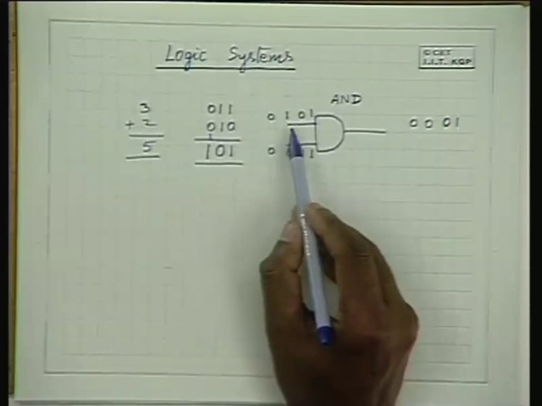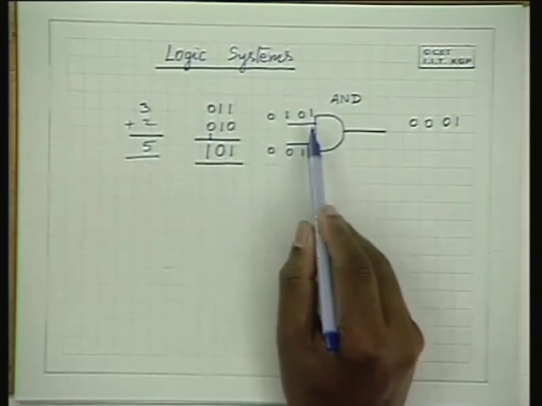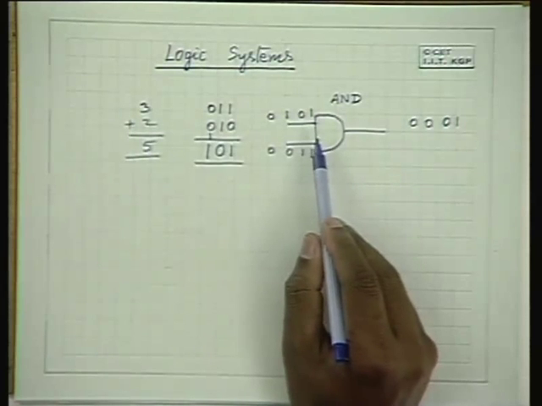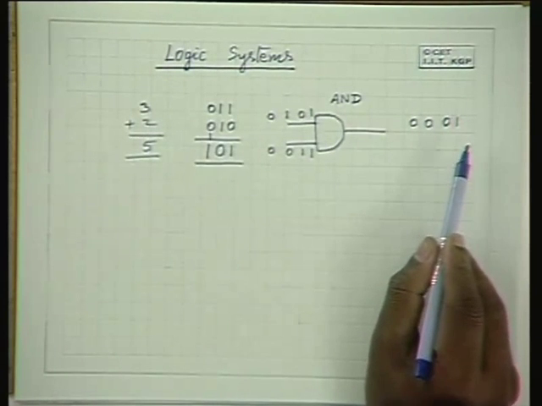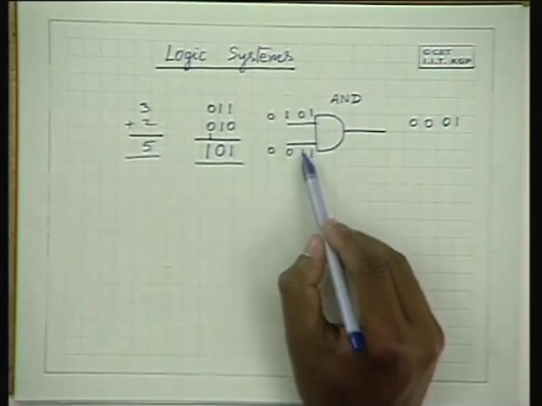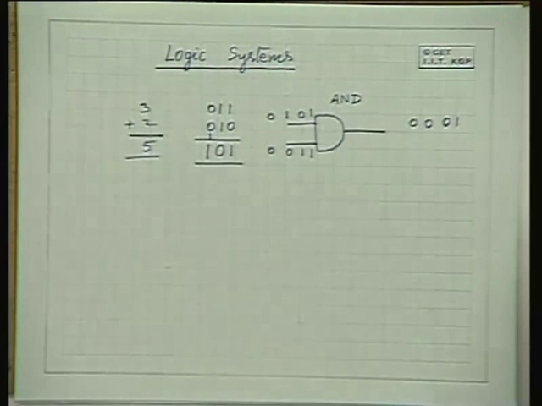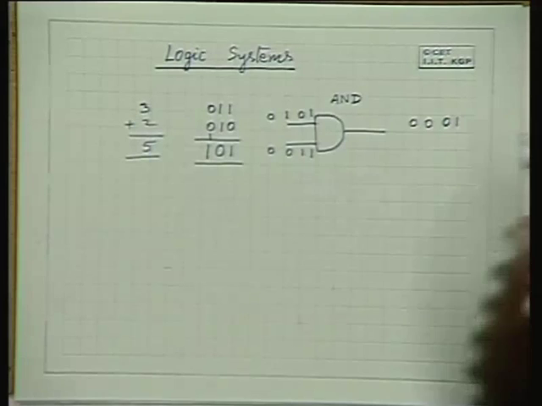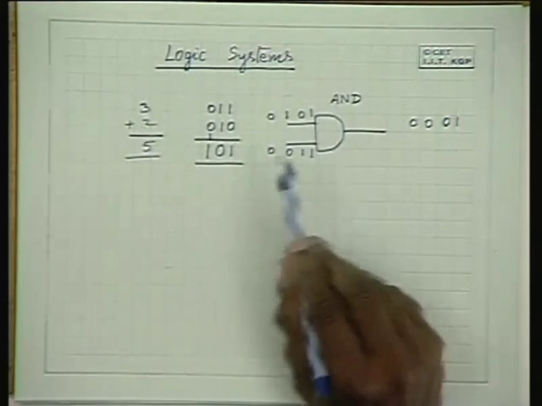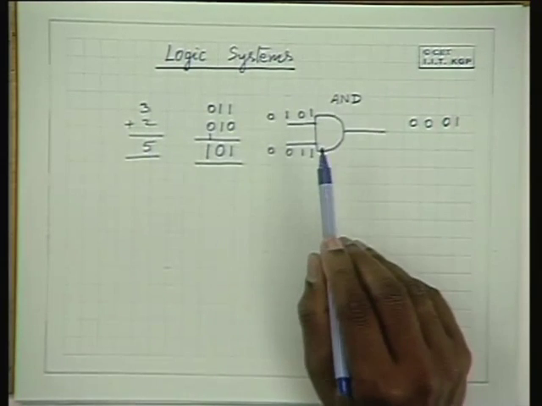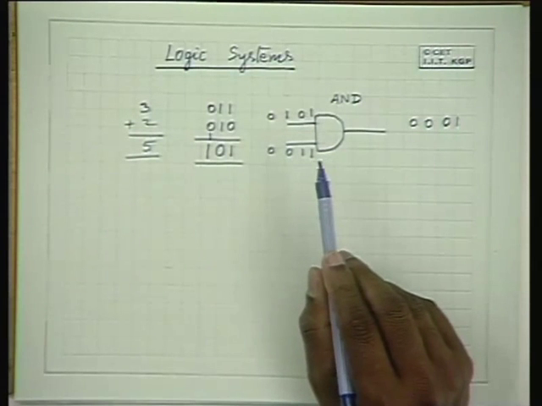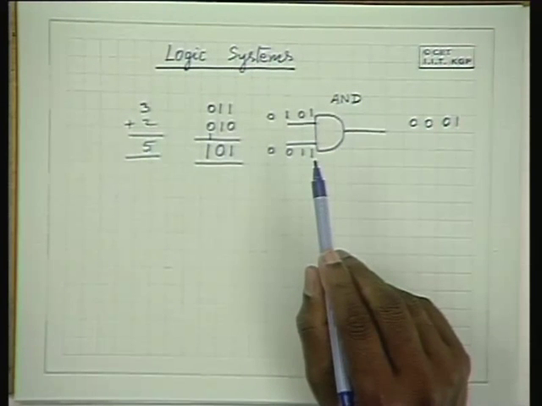So, that means when any one of the inputs are at around 0 volts, the output would be around 0 volts. If both of them are around 5 volts, the output would be 5 volts. So, you can make electronic circuits of this type using devices like transistors and resistances.